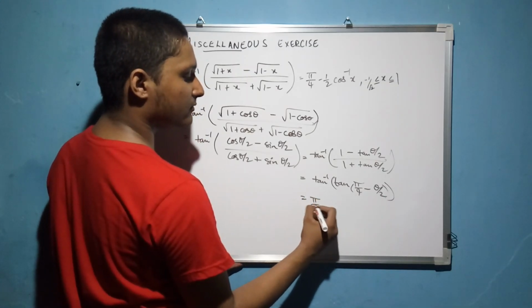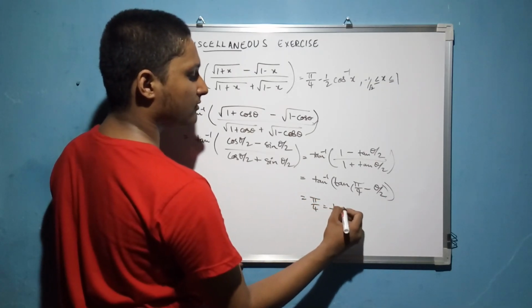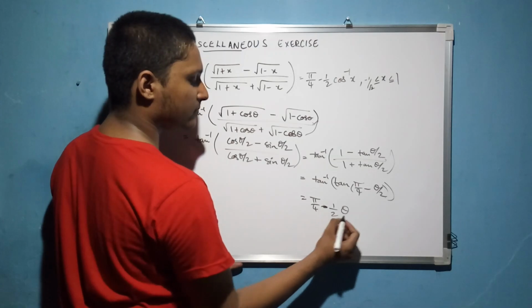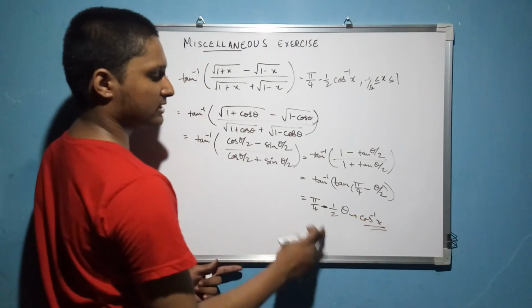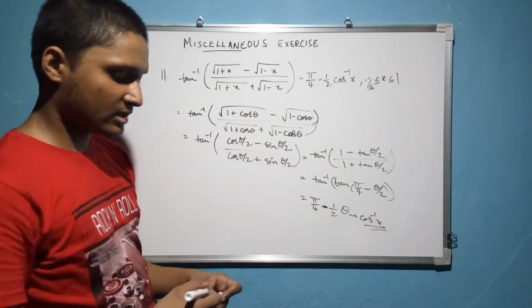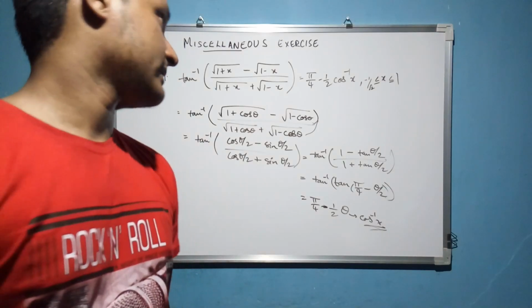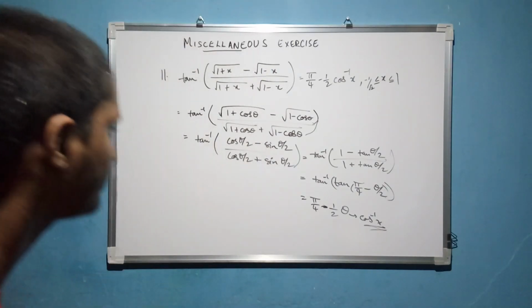Therefore it is pi by 4 minus half theta. Theta is cos inverse x. Therefore it is pi by 4 minus half cos inverse x. That was the answer you are going to get.